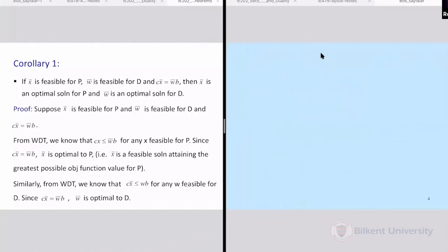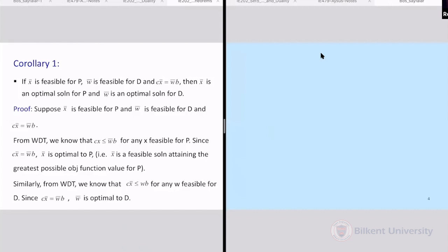The corollary says take feasible X, feasible W, and see what happens when their objective function values are equal to each other. From the weak duality theorem, we know that the one that you're maximizing is always a lower bound for the one that you're minimizing. Okay?